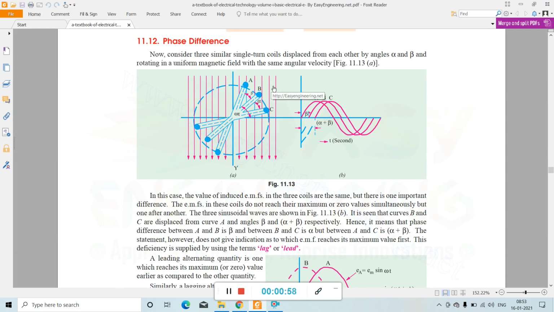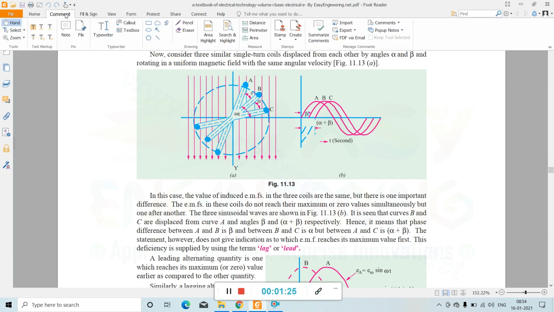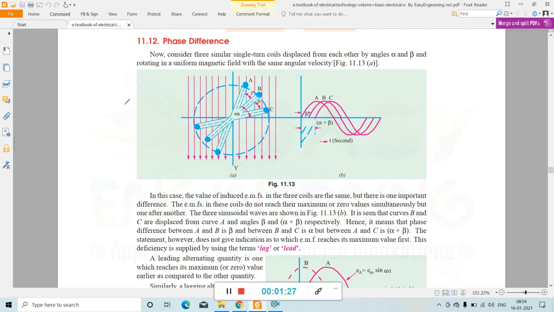How do we calculate, how do we decide how much phase difference there is between the rotation of the two coils? Now consider three similar single-turn coils placed here, displaced from each other by angles alpha and beta, and rotating in a uniform magnetic field with the same angular velocity.